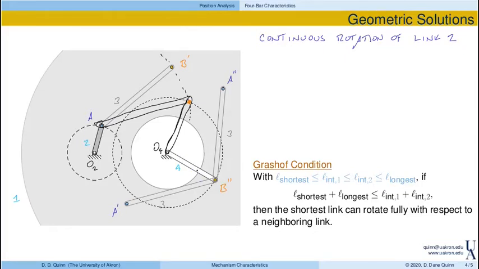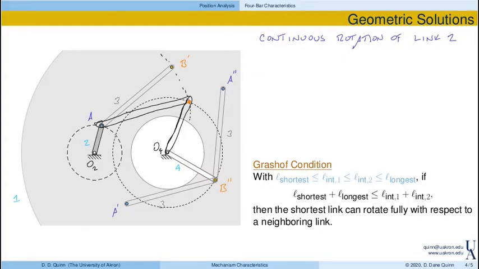You can see that this inner circle would be reached if 3 and 4 are parallel but in opposite orientation, while this outer circle would be reached by 3 and 4 completely stretched out. So anything within these 2, this annulus, I can reach with the end of link 3. So as long as this dashed line is inside this annulus, link 2 can make complete rotations.